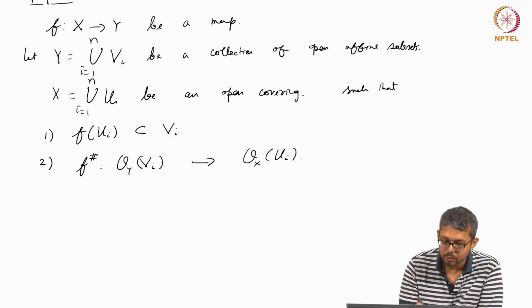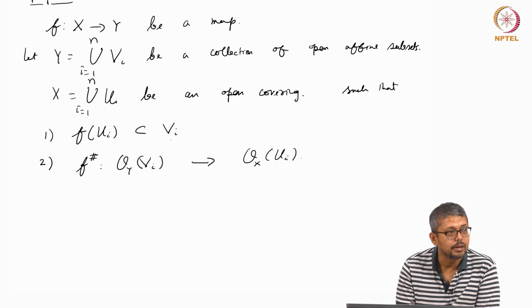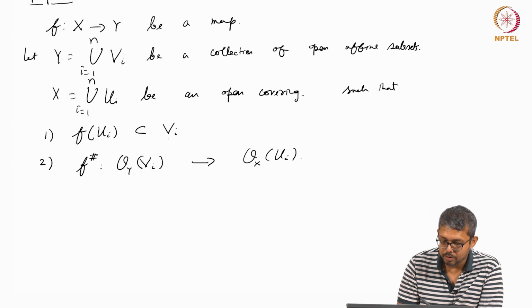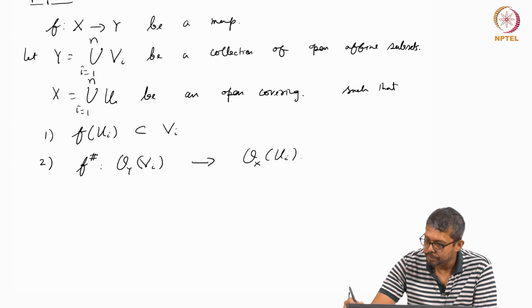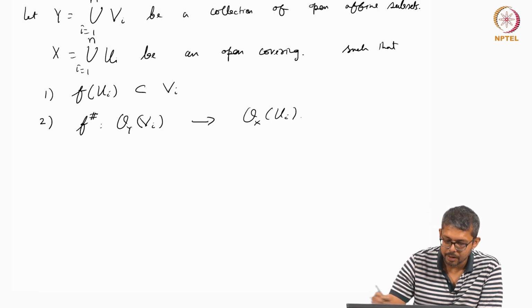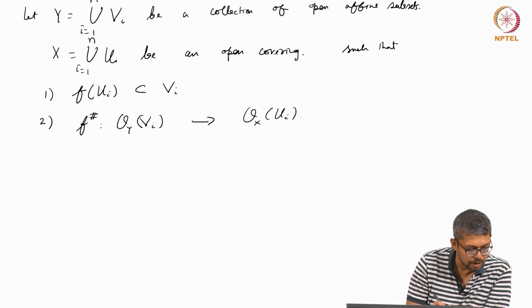If f of U_i is in V_i, and if this happens, then f is a morphism.